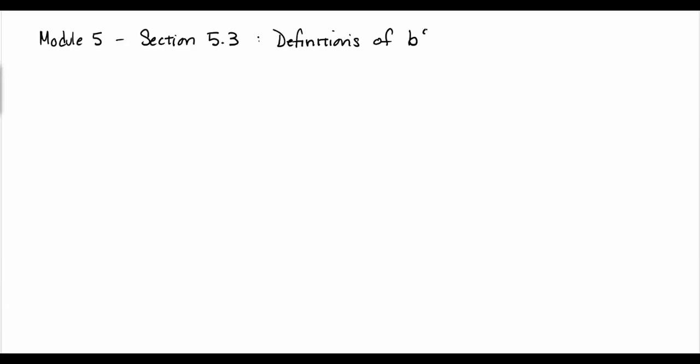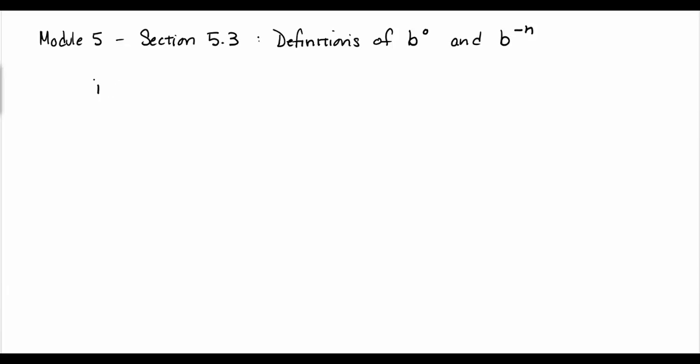So still, this is Module 5, and we're in your textbook, in your ebook, section 5.3, and we're talking about definitions of an exponent of 0, so I would say b to the 0, and b to a negative integer, negative exponent, okay?